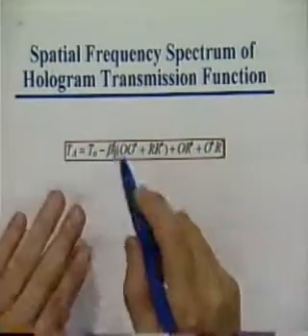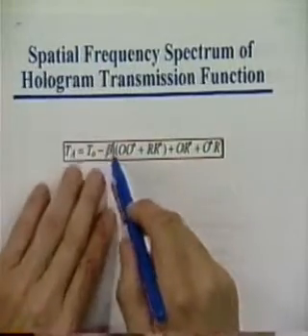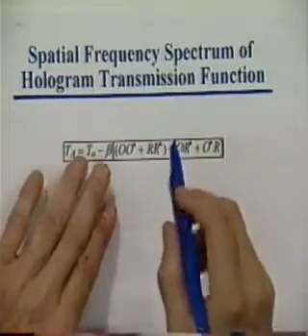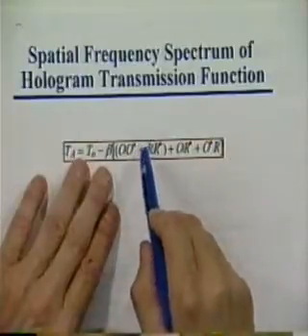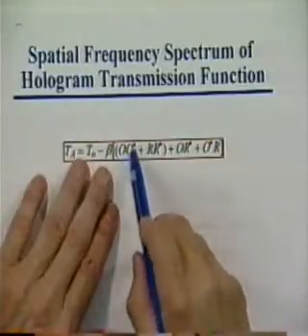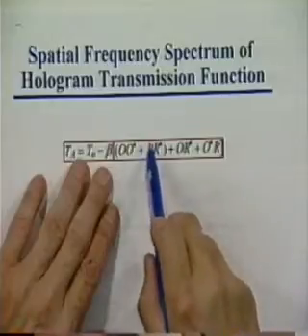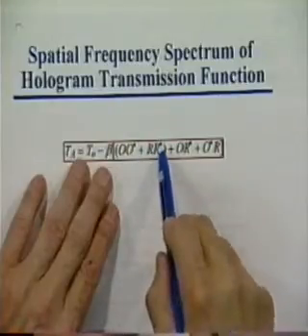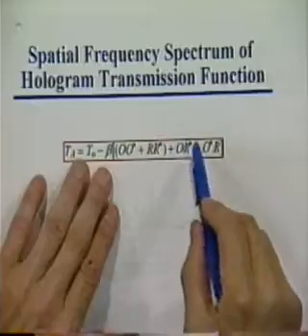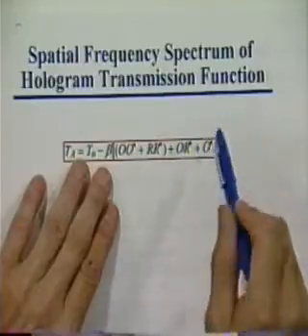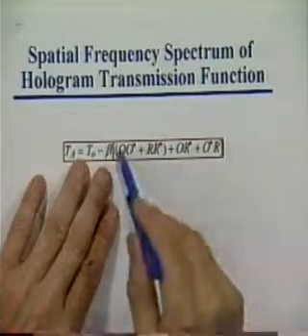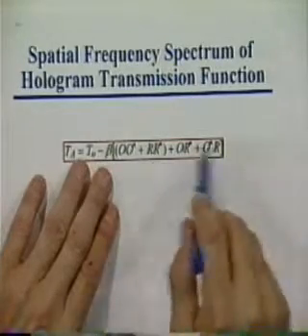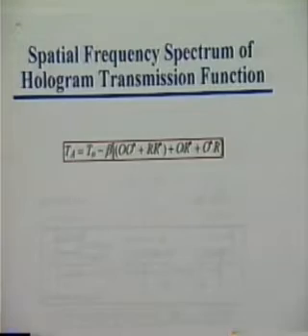And so we get a constant, which we don't worry about, minus some other constant, which we don't worry about, and we get the object times the complex conjugate of the object, the reference times the complex conjugate of the reference, plus the object times the complex conjugate of the reference, plus the reference times the complex conjugate of the object. So this is just our normal two-beam interference equation.